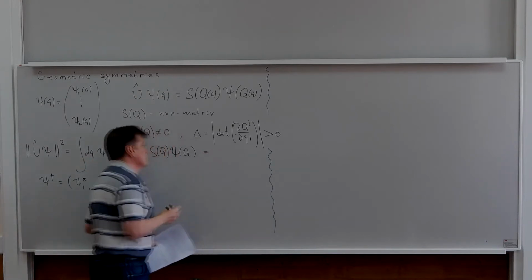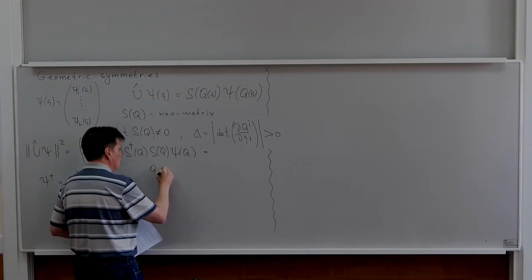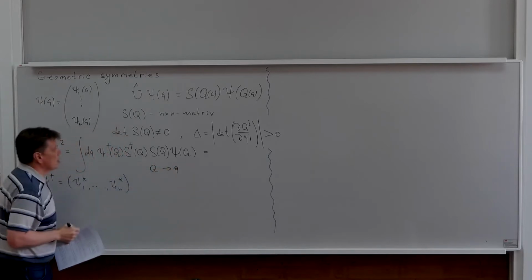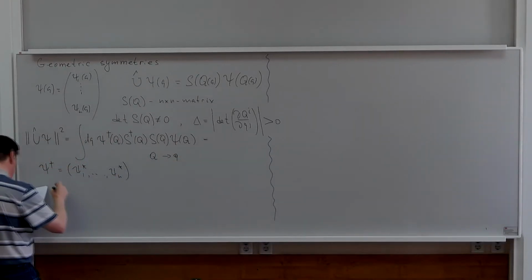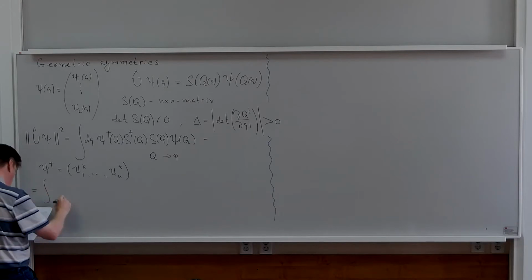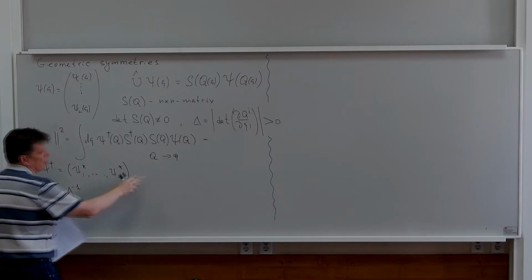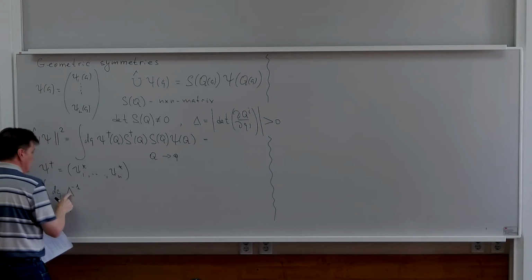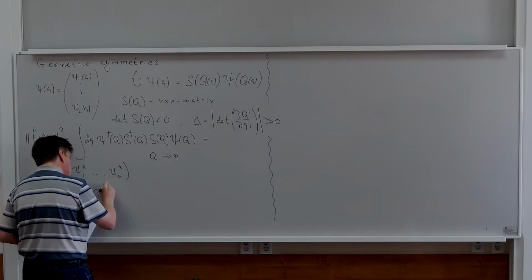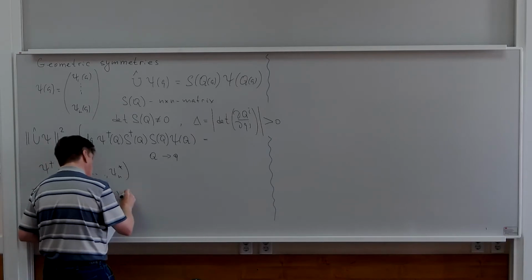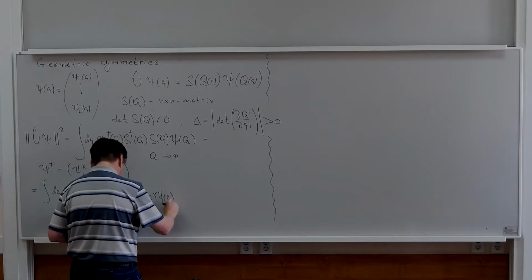Okay, and now we can make the change of coordinates from capital Q back to small q. And after this change of coordinates, we can bring this integral into this form: the integral of dq, the Jacobian of the inverse coordinate transform, which is given by delta to the minus 1 power of q, psi dagger of q, S dagger, S, psi of q.